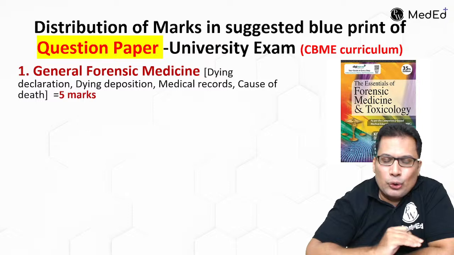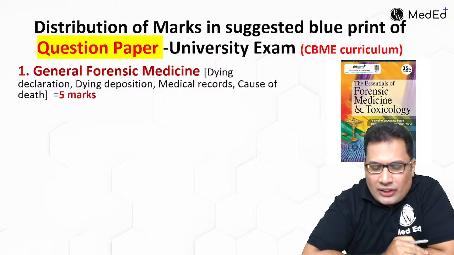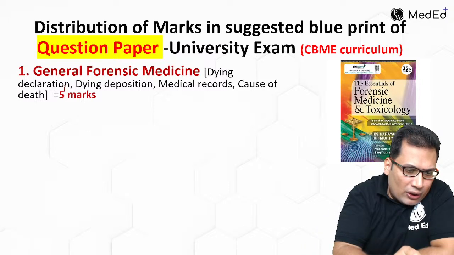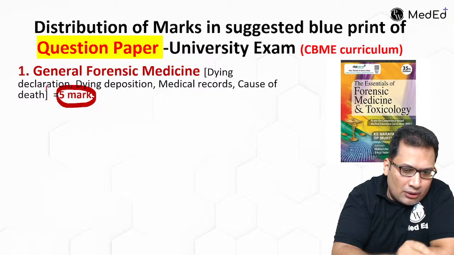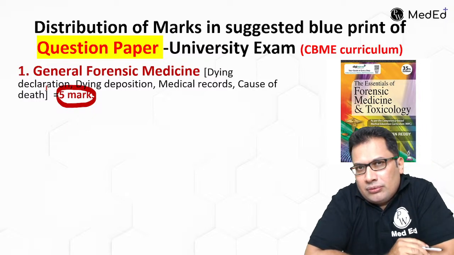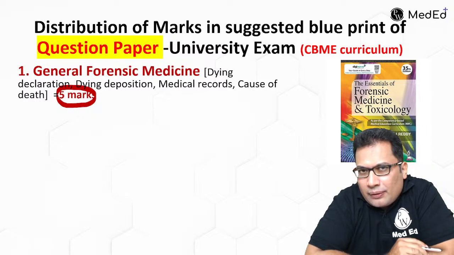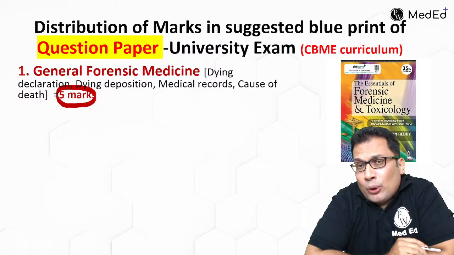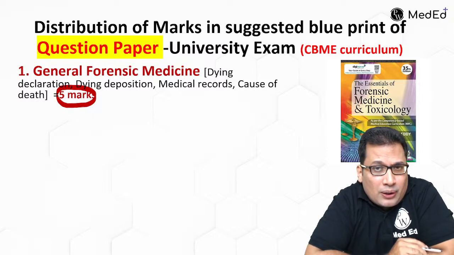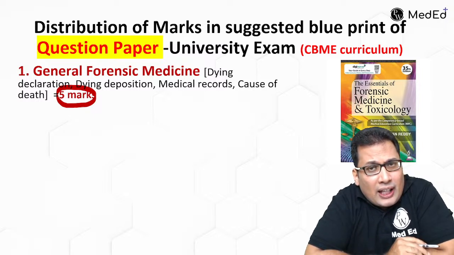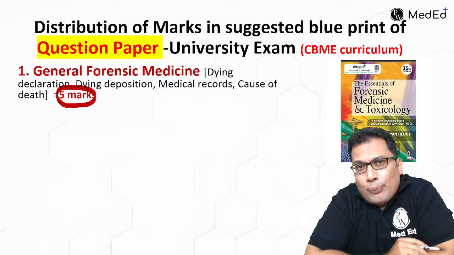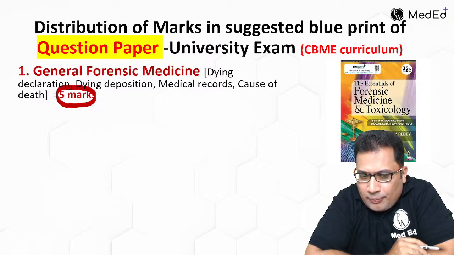It is divided into general forensic medicine. General forensic medicine means dying declaration, that can be a 5 marks question, or dying deposition, that can be a 3 marks question.